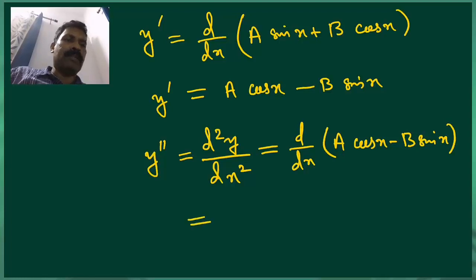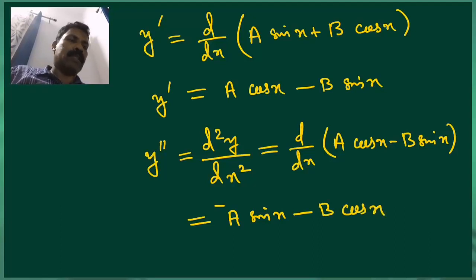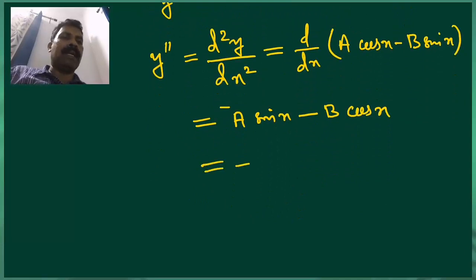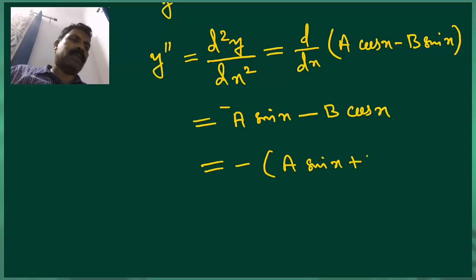So what is it? That is equal to, a you can take outside, then the derivative of cos x is negative sin x, then minus b outside, then the derivative of sin x is cos x. So if you take a minus sign outside, then you have a sin x plus b cos x.